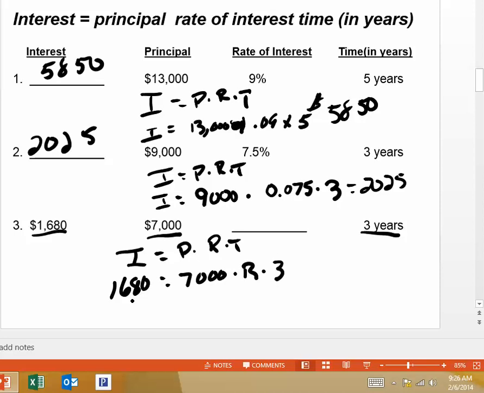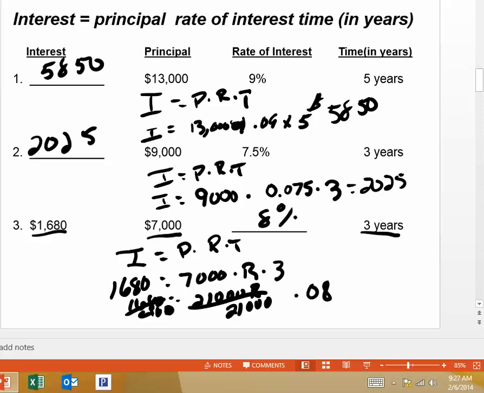So now we would multiply. 7,000 times 3 is 21,000 times R. Now it's a simple division on both sides, and we would get 0.08, so that's 8%.